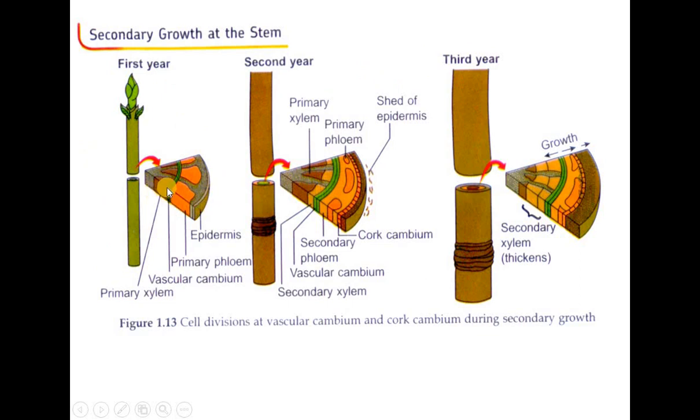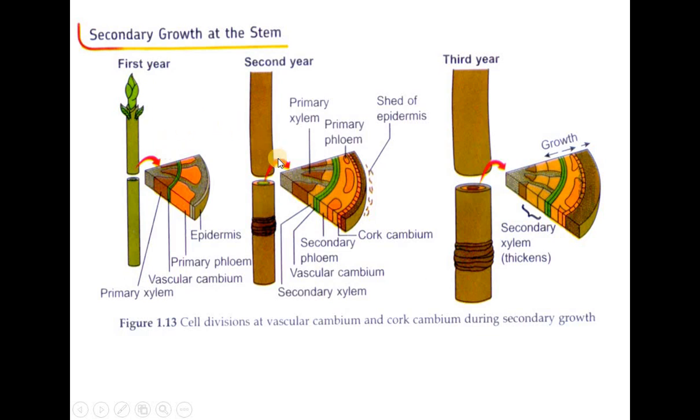As we can see here, this is the vascular cambium. What happened in the vascular cambium? The cells here divide actively by mitosis and produce new xylem cells and also new phloem cells, producing primary xylem here and primary phloem.